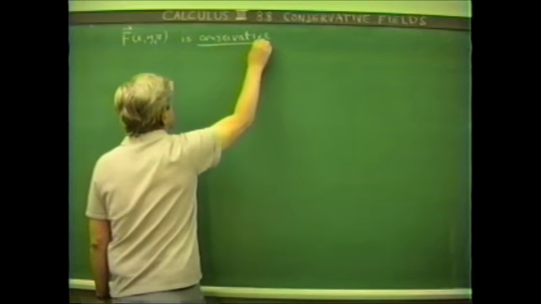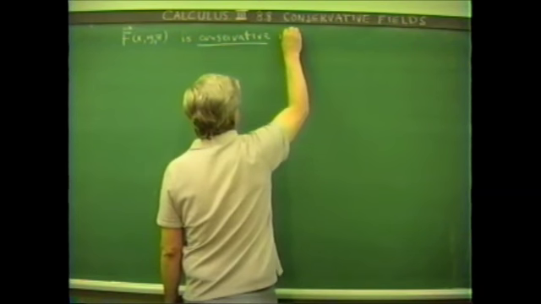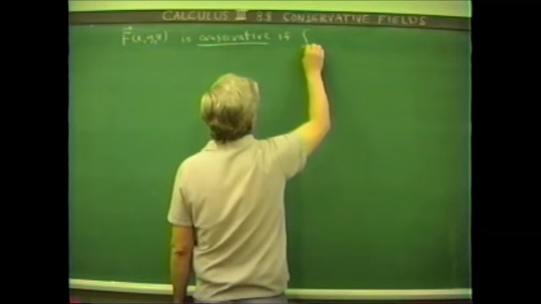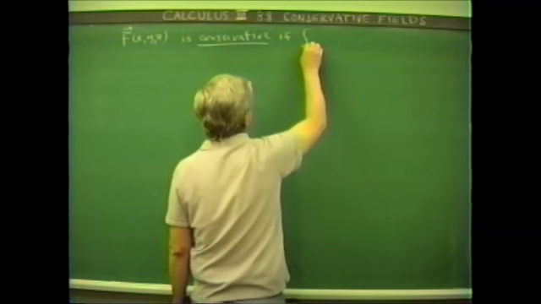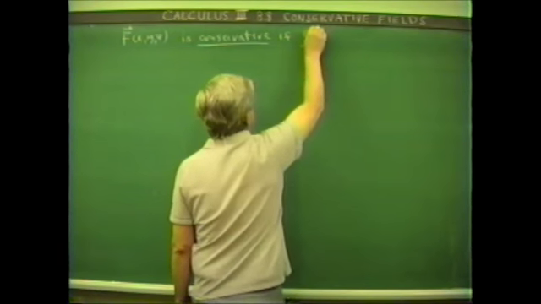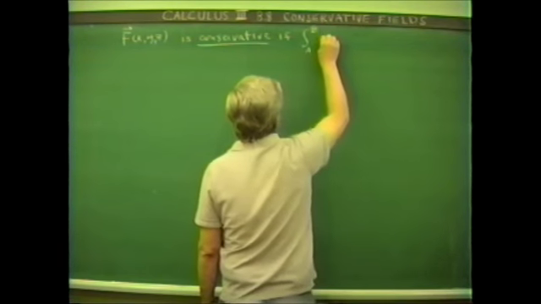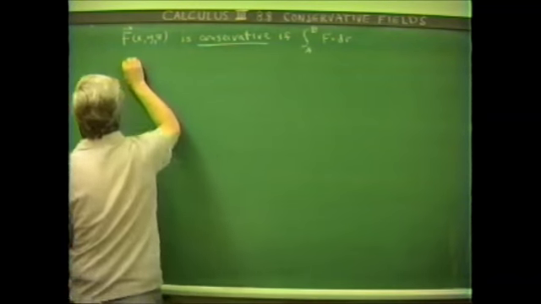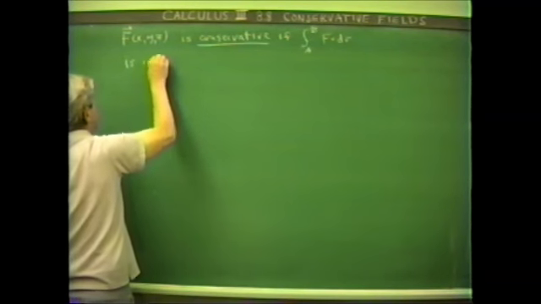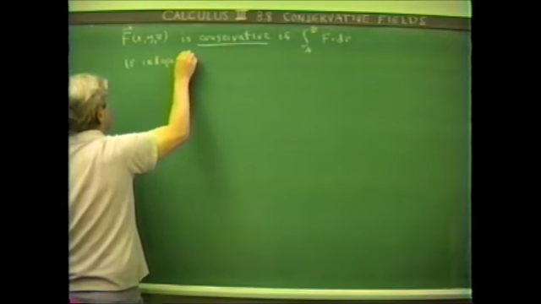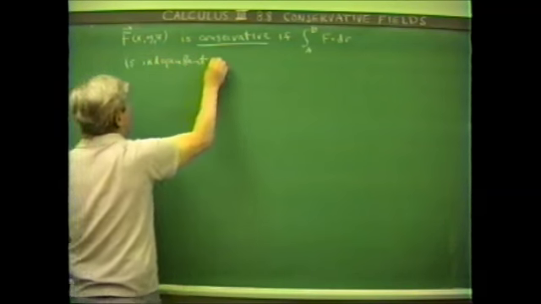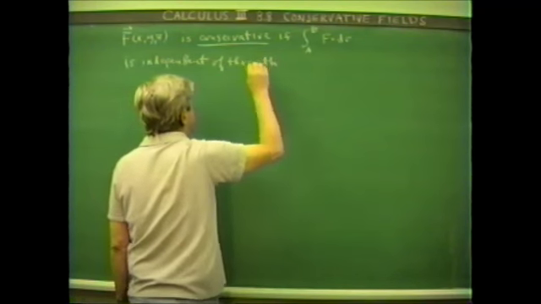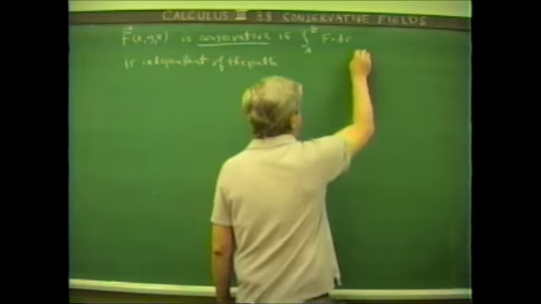And this is the definition: if the integral from a point A to a point B of F dot dr is independent of the path. That's to say, if it gives the same value independently of which path is taken.